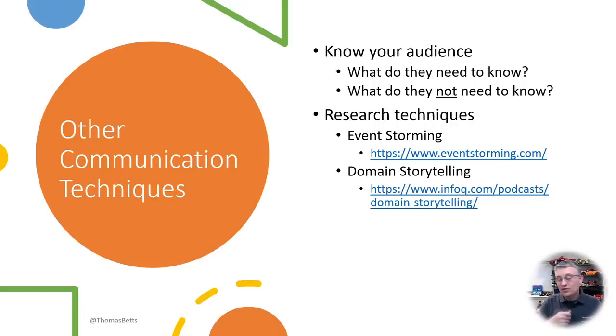And then domain storytelling is similar, but it adds a specific graphical language, little glyphs that you use just to describe your process. And that creates visual documentation. It helps you visualize what that workflow is. And then you can show it to your audience and say, does this map your perception of how this process flows?